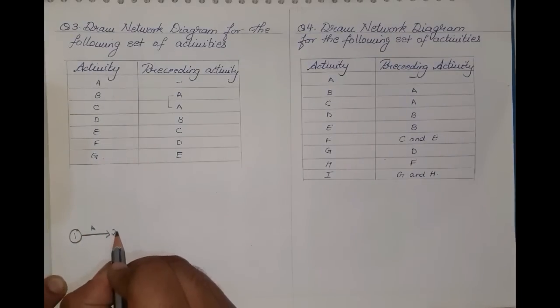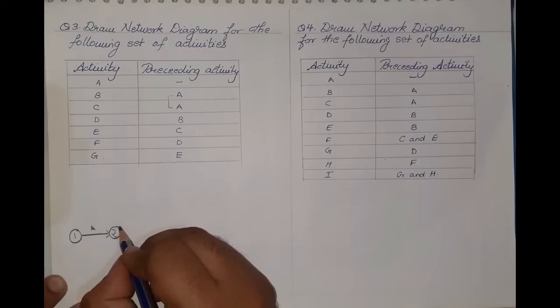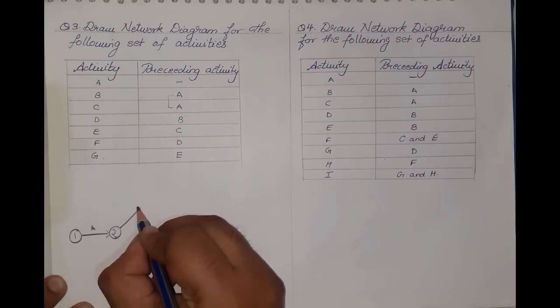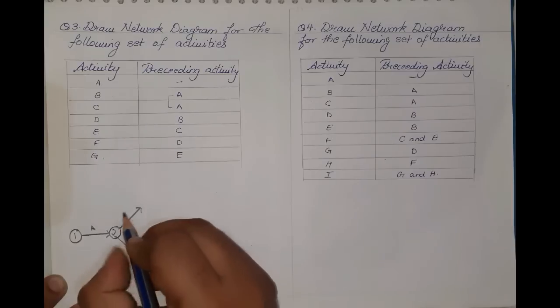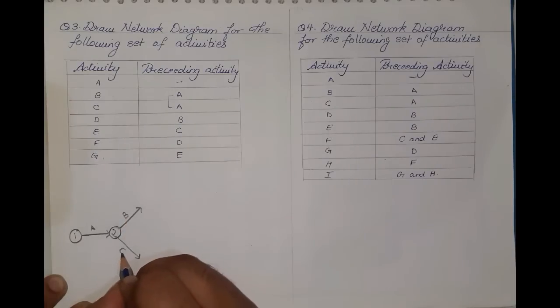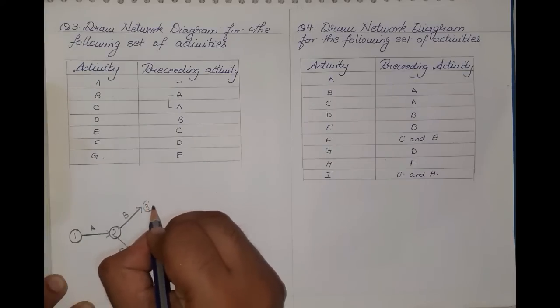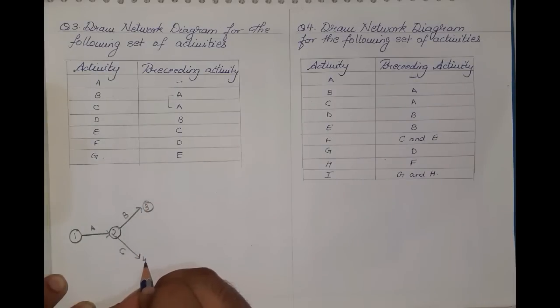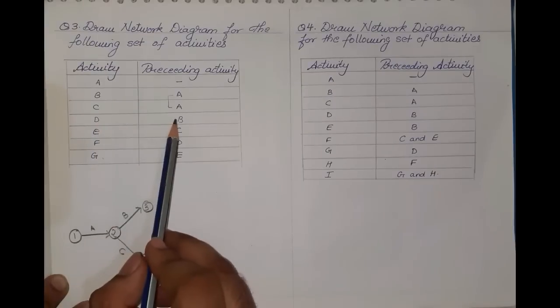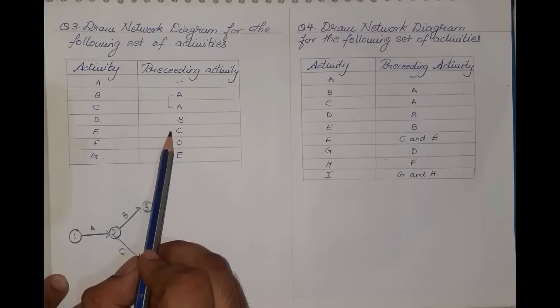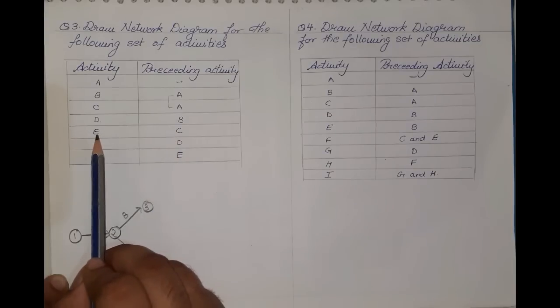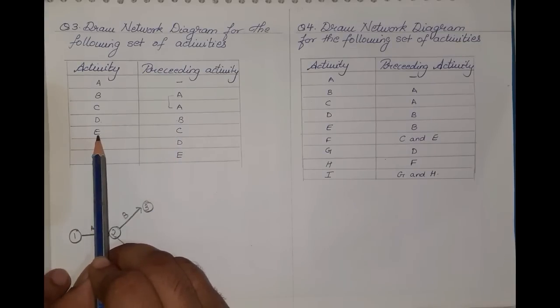So now we end the first activity. From A, we have activity B which is getting evolved and activity C which is getting evolved. So we'll note down B and C. This is the end point of B, this is the end point of C. Now the question says that from B activity D has evolved and from activity C the activity E has evolved.